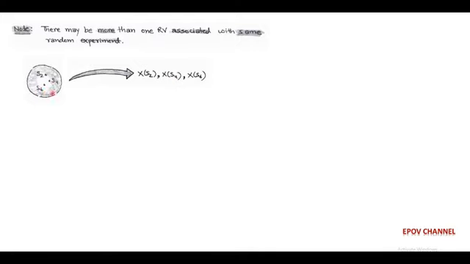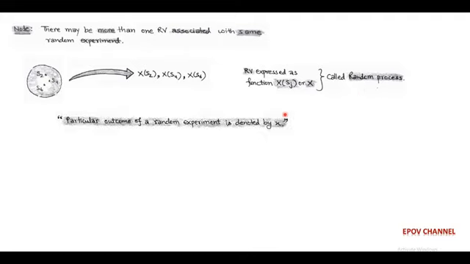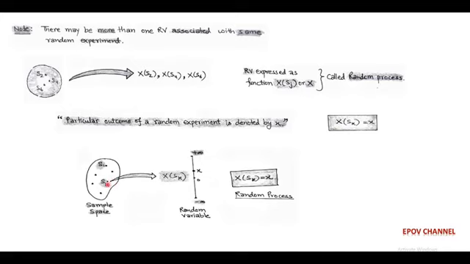So the process of assigning a real number to corresponding random events is called a random process. Here, a particular outcome or elementary event of any random experiment is denoted by small x. So the random variable in the form of a function, that is X(sk), is assigned a real number, that is small x, and this is called a random process.